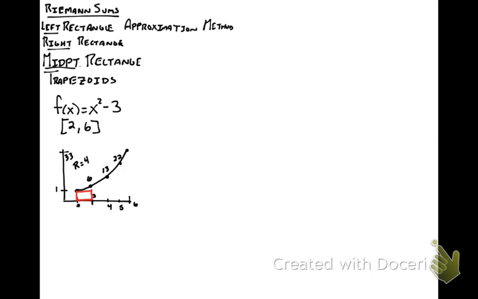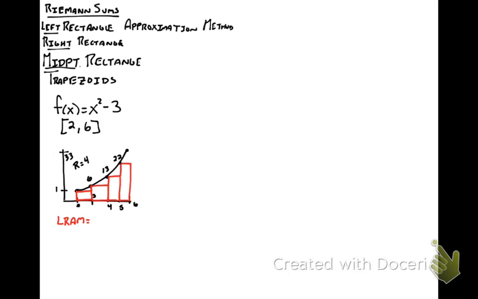My second rectangle, the left side of the rectangle, will be touching the curve, and so it will go from (3, 6) to (4, 6). My third rectangle will have a height of 13, and my fourth rectangle will have a height of 22. So my left rectangles involve finding the area of 4 rectangles, where the left side of each rectangle is what's touching the curve.